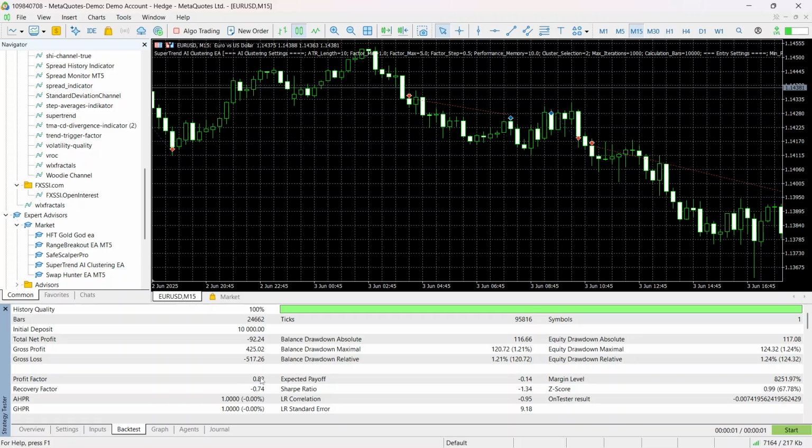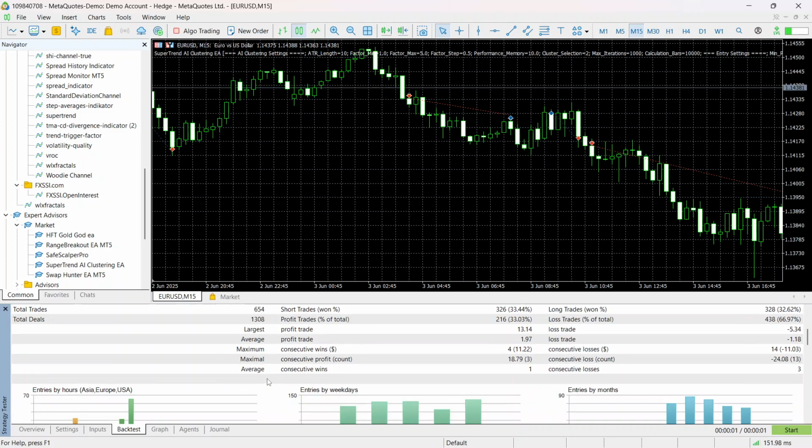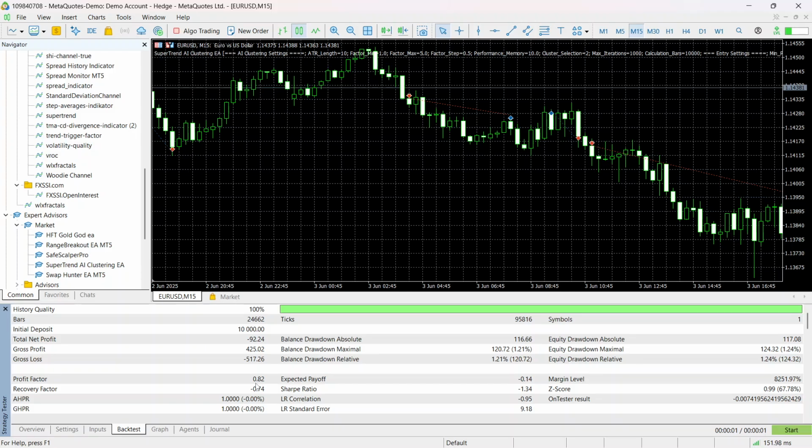The profit factor sits at 0.82, where we know below 1 means losses outweigh gains. If it's above 1, it means we had gains, but since it's below 1, we had losses. With a negative 0.74 recovery factor.